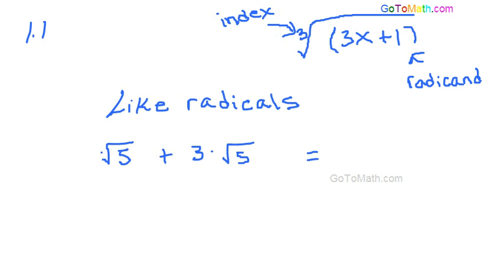As you can see here, nothing is written, but it's assumed to be a 2, so its index number is 2. And it, of course, has the same radicand. And so we could consider this to be a 1 out front, and 1 plus 3 is 4 times the square root of 5.